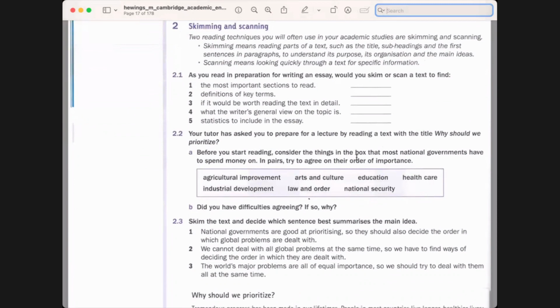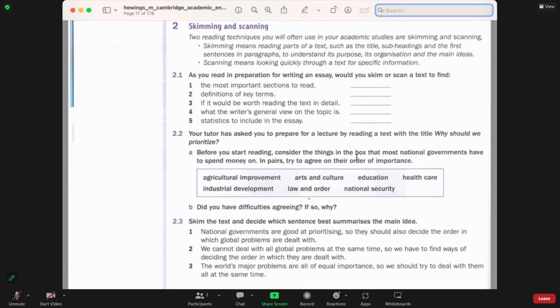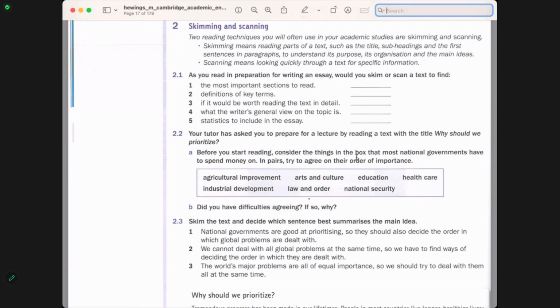Okay. Number 2.2, we've got here some areas in every country's life, and we will try to prioritize these spheres and to give our arguments why you think that this area is more important, more vital than the other one.